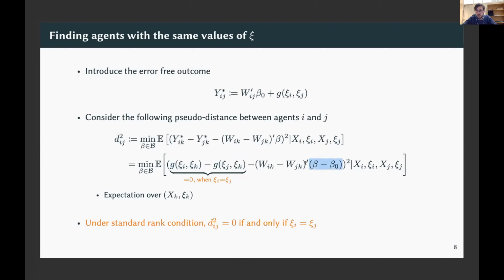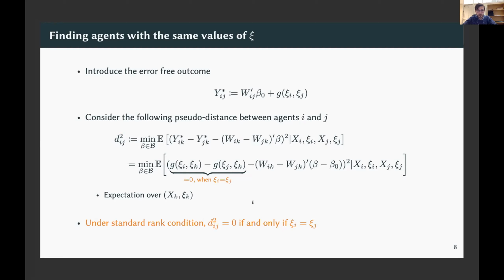And by choosing beta equal to beta naught, you can ensure that this pseudo distance is indeed equal to 0. Under a fairly standard rank condition, this becomes an if and only if statement. So if you know that the pseudo distance between two agents, i and j, is equal to 0, then you also know that they must be identical in terms of their unobserved fixed effects. Okay, so that's the idea.